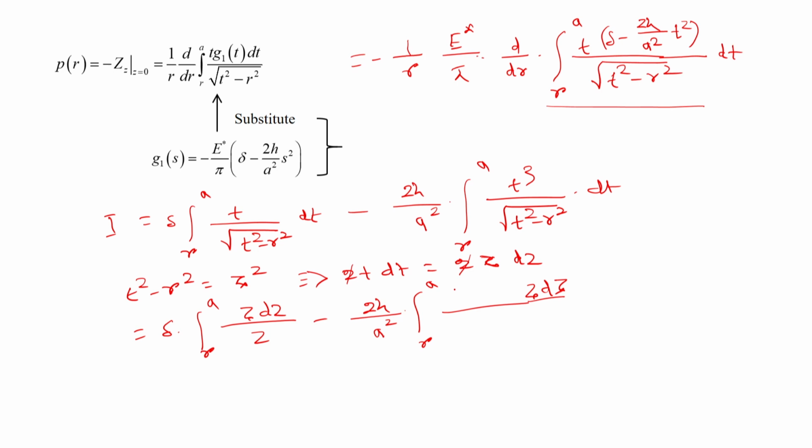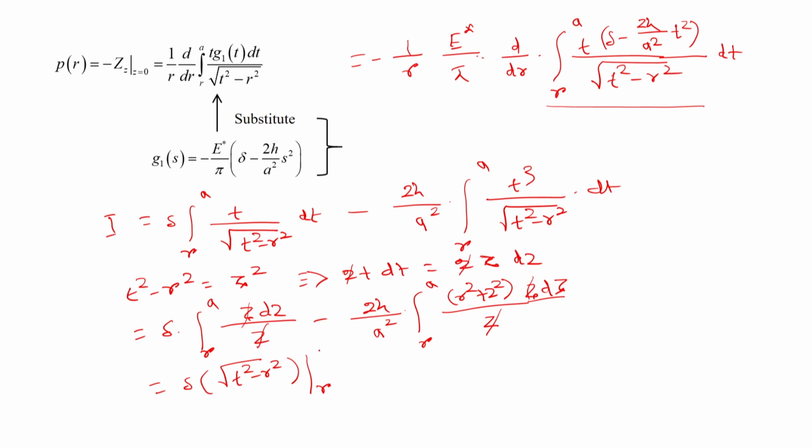So, t square will be r square plus z square, and t square minus r square is equal to z square here. So, this z gets cancelled. So, it is not that difficult actually, you see. So, this is this. So, delta is dz, you integrate it, it will be z here. So, the z we replace by square root of t square minus r square. Those integrations have to be done with a little concentration, that is it.